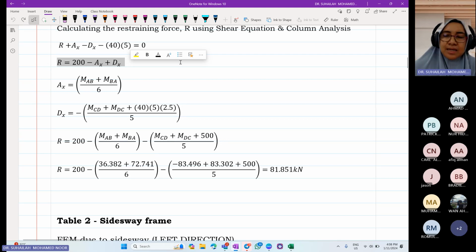So to get R we must first solve AX and DX. This is column analysis, this is its summary. Column analysis.